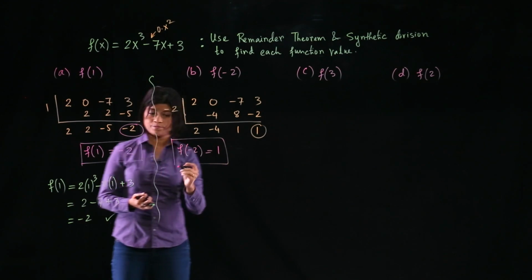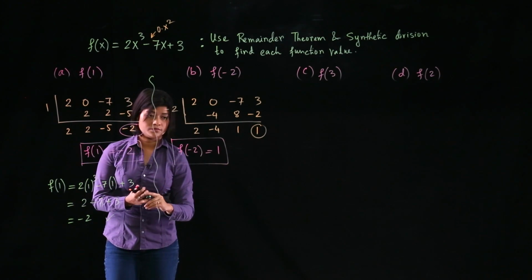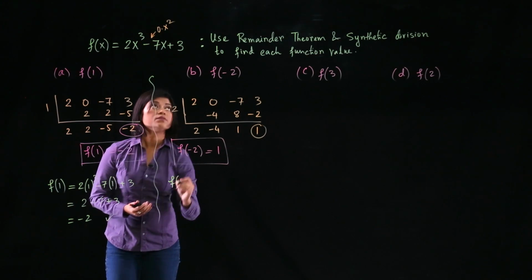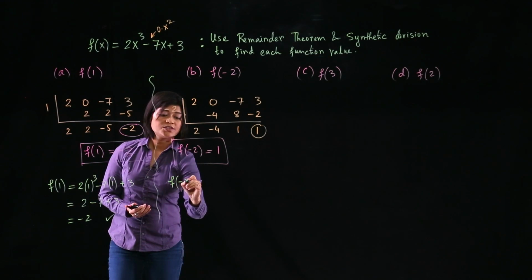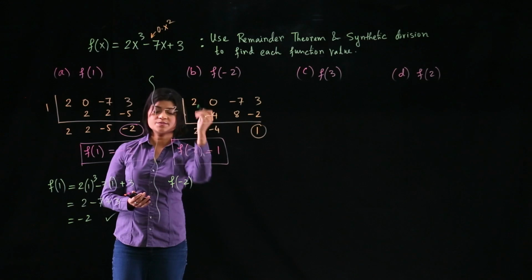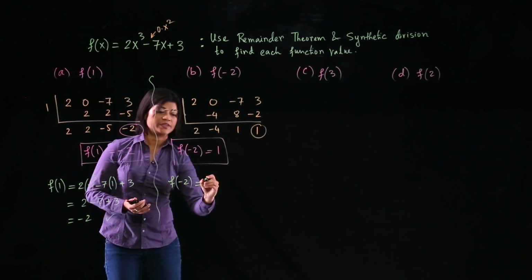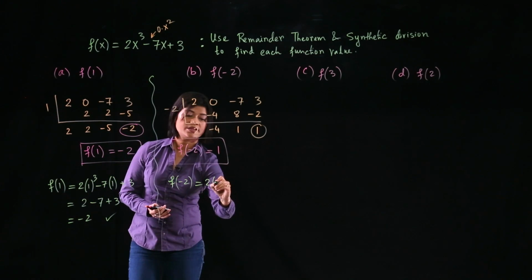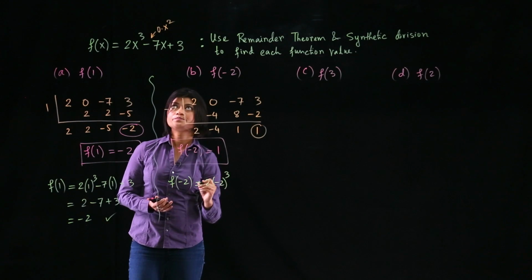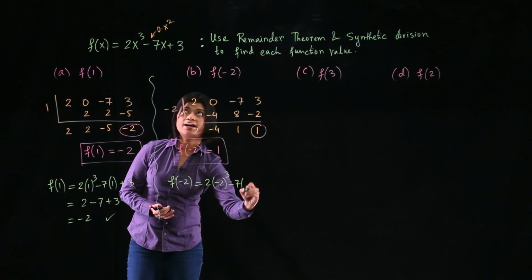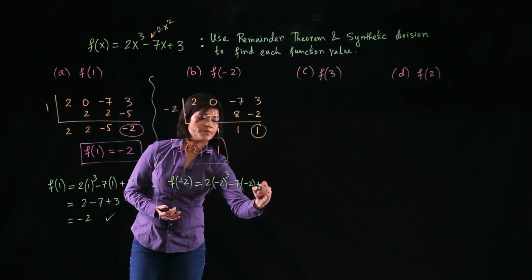Let's check again. Plug in x equals negative 2 in the function expression directly. So we get 2 times negative 2 cubed minus 7 times negative 2 plus 3.